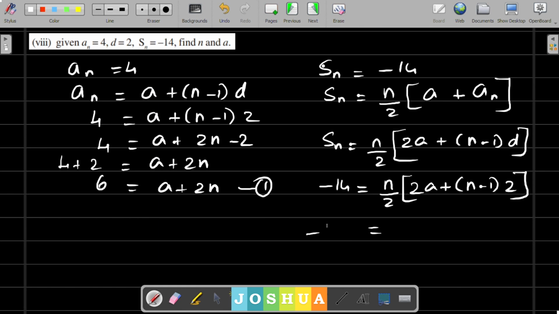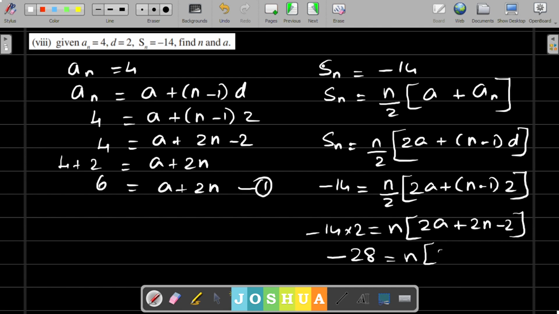Minus 14 into 2 is equal to n times (2a plus 2n minus 2). Now n is given here. That is equal to minus 28 is equal to n into (2a plus 2n minus 2). Take 2 outside, because 2 is common in everything.